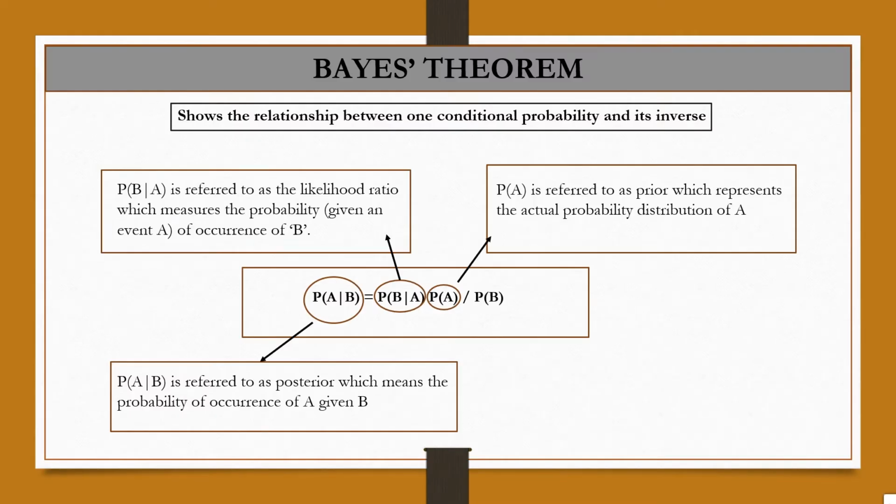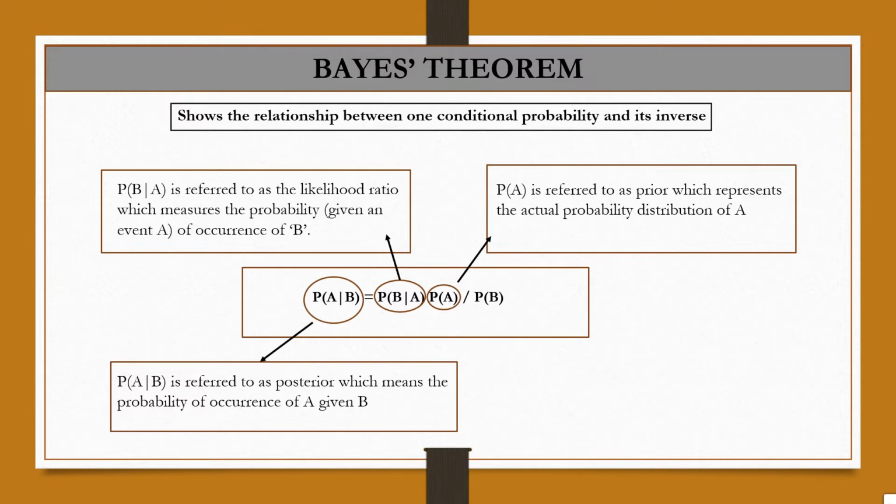The Bayes theorem is used to show the relation between one conditional probability and its inverse. Basically, it's nothing but the probability of an event occurring based on prior knowledge of conditions that might be related to the same event. So mathematically, the Bayes theorem is represented like this, shown in this equation.